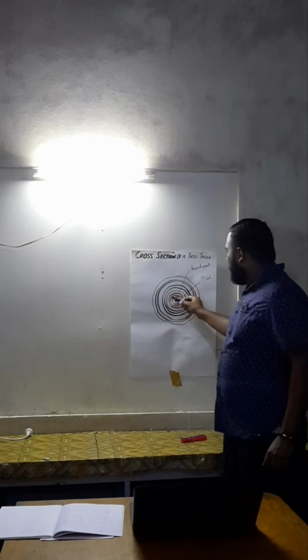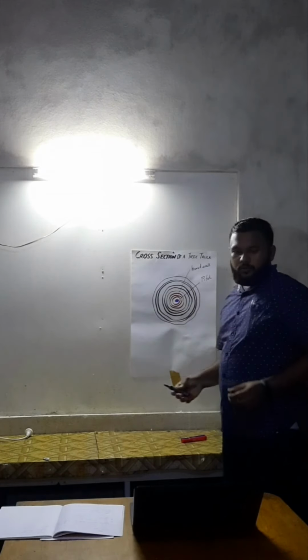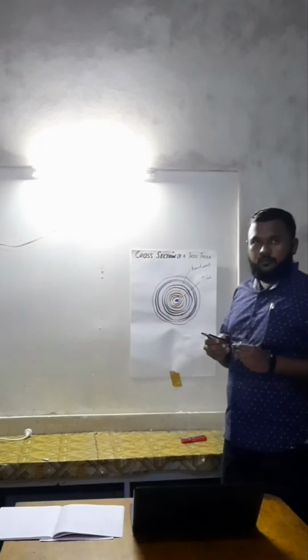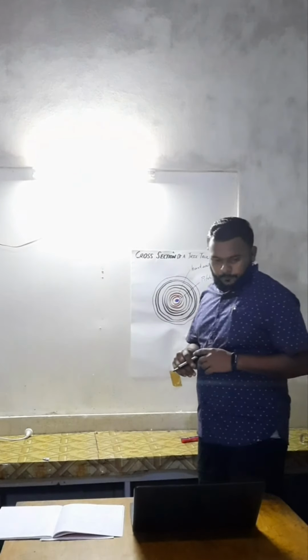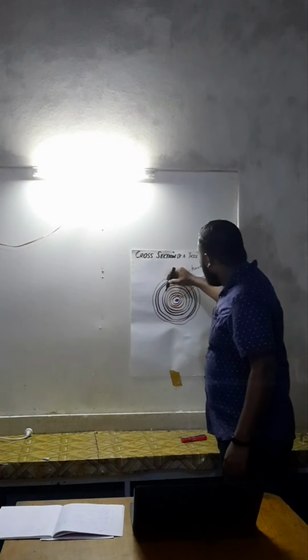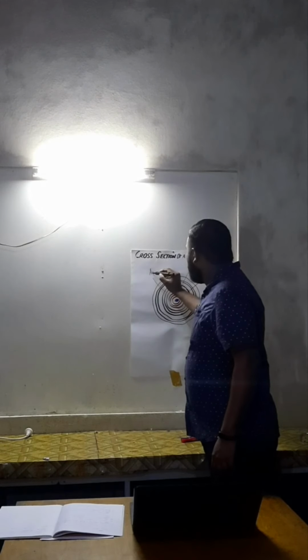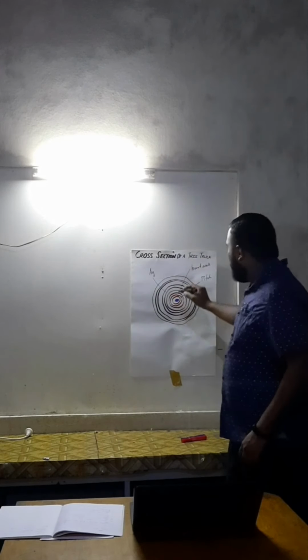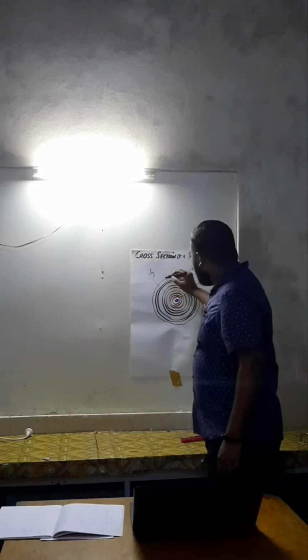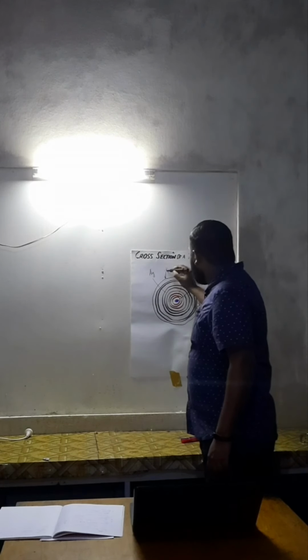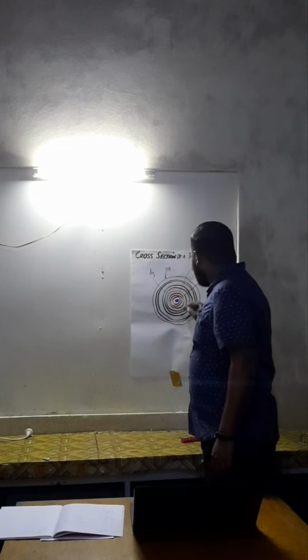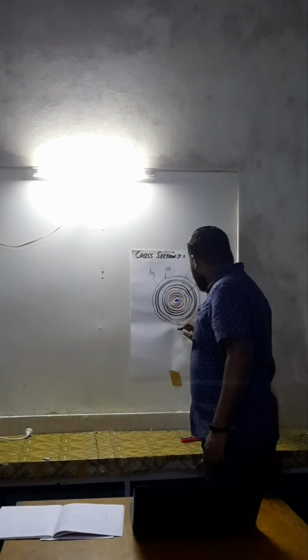This is the main part of timber, which is mostly used in buildings. And here we have the annual rings, and this is the outer bark, and this is the inner bark.